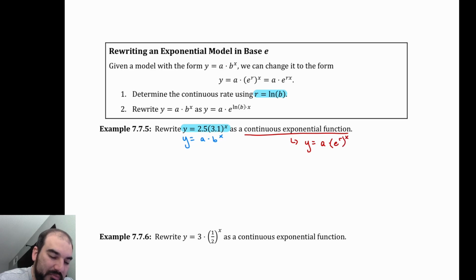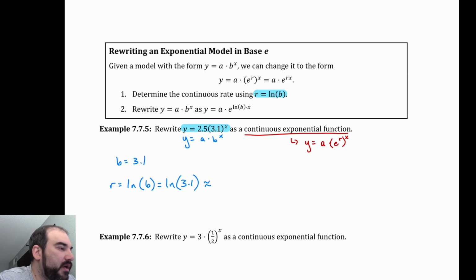So we're replacing that b with an e to the r power, and r is going to be just the natural log of b. So if I know what b is, which I do, right? b is equal to 3.1 here. So we can find r, which is just the natural log of 3.1.